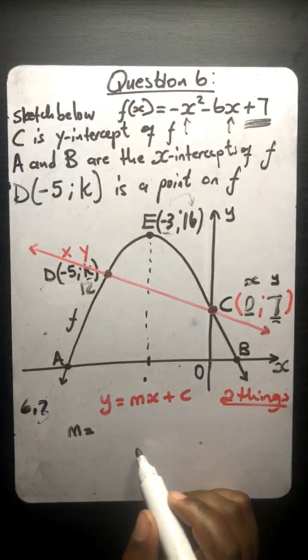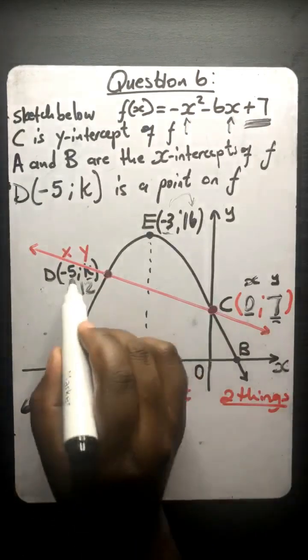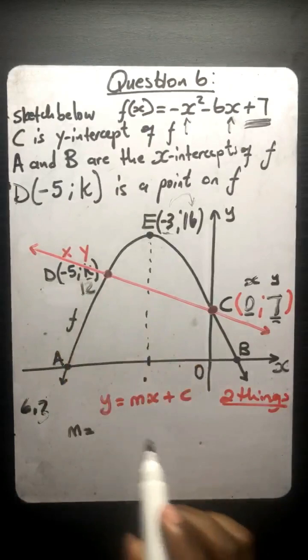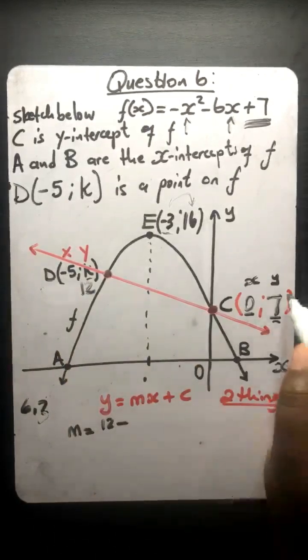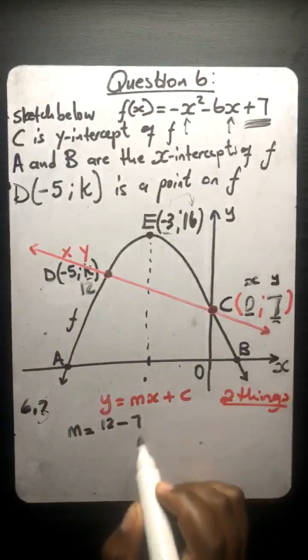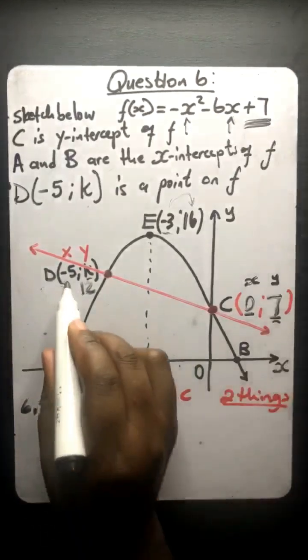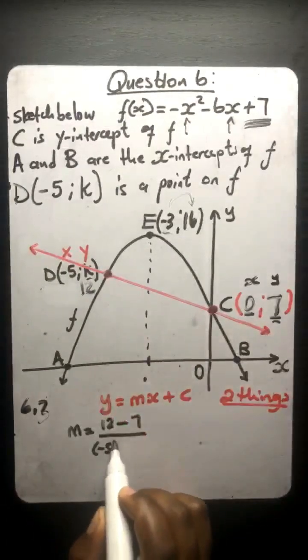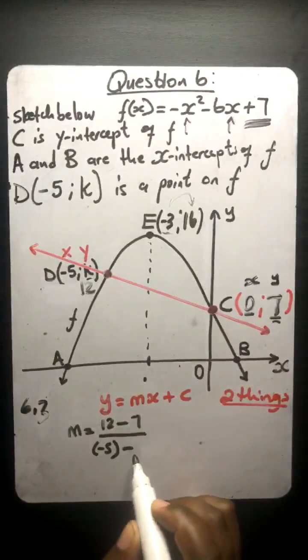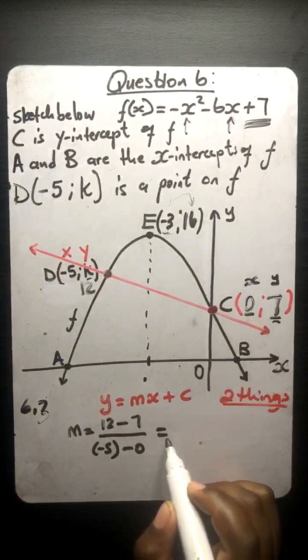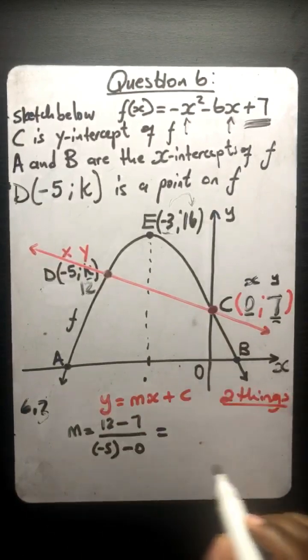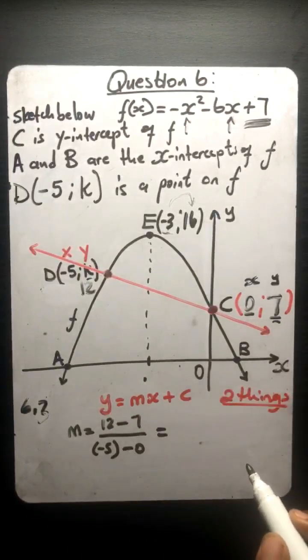Let's substitute. You can regard this as your y2, which is 12, minus positive 7, over your x2, which is negative 5, minus your x1, which is 0. So what is 12 minus 7 over negative 5?